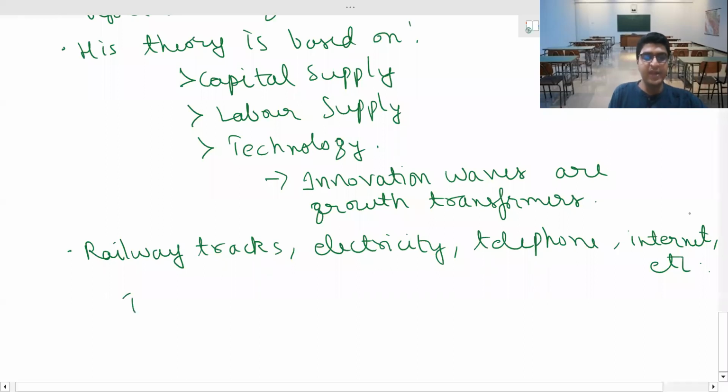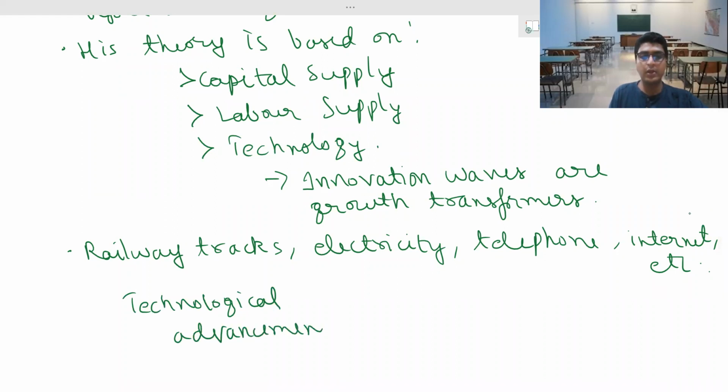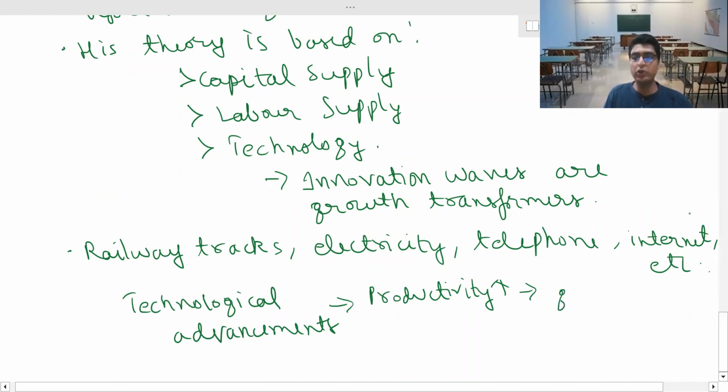Whenever there is a technological advancement, technological advancements lead to productivity increase, right? And if productivity increases, then definitely there will be growth of income and wages as well.